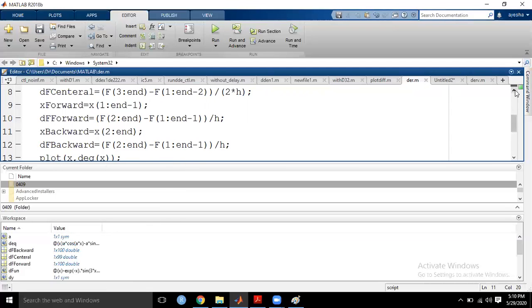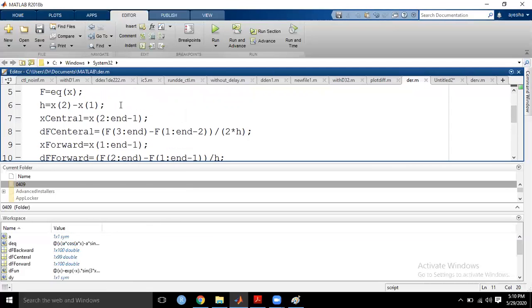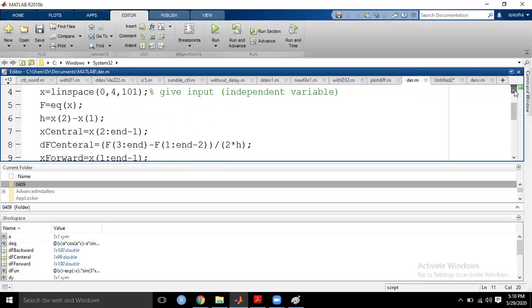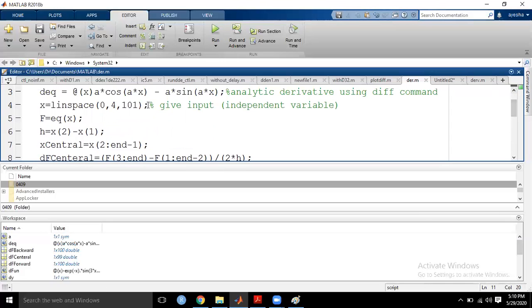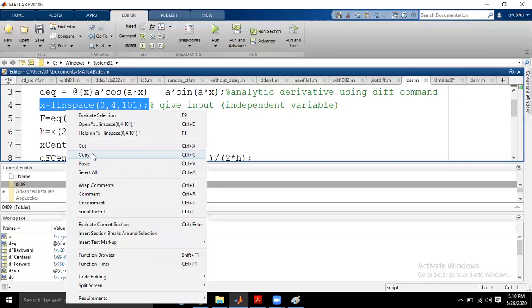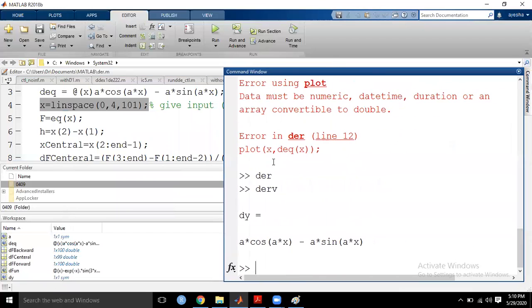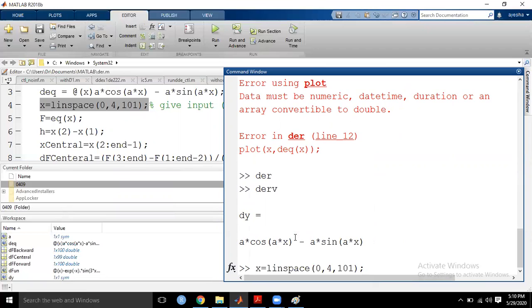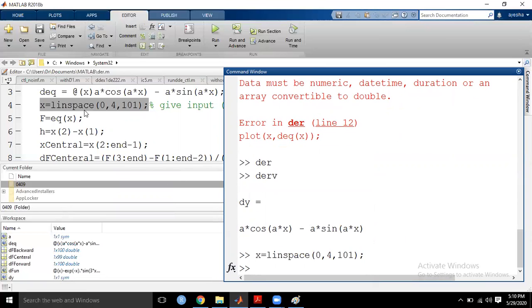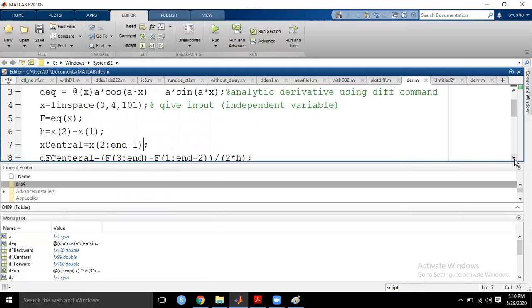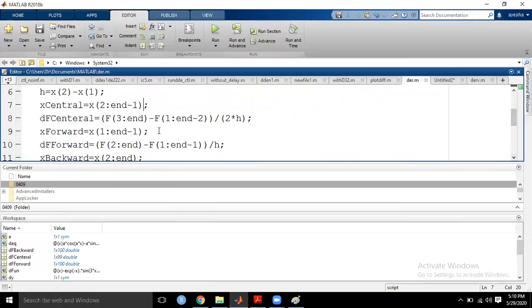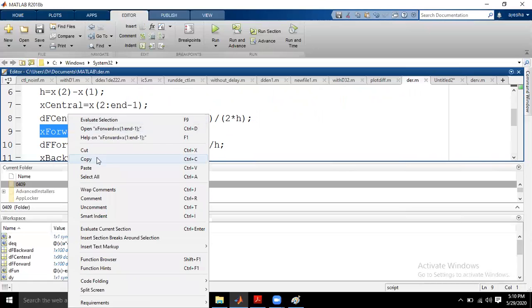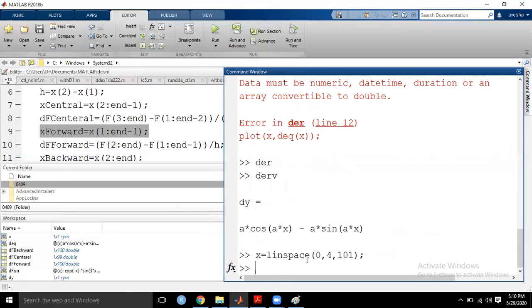So let me take you to the command window. I'm saying that x is linspace 0 to 4 101. This means that I have 101 values from 0 to 4. Okay, and we have here the x data revised for the forward numerical differentiation.